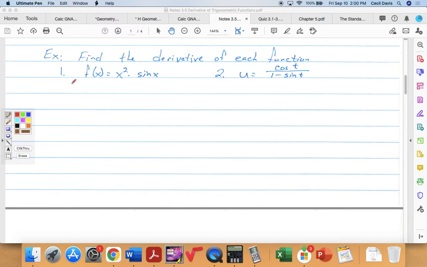So here, the derivative, f prime of x, I'm going to keep the first factor, x squared, times the derivative of the second factor, the derivative of sine being cosine of x, plus, this time I'll switch it, I'll keep the second factor, sine of x, times the derivative of x squared, which is 2x.